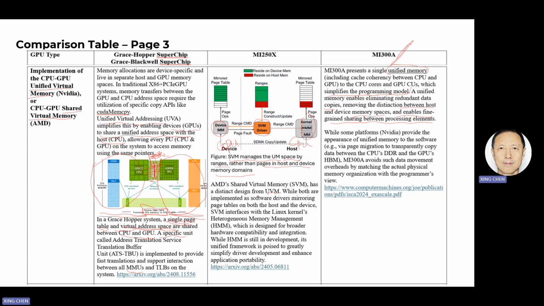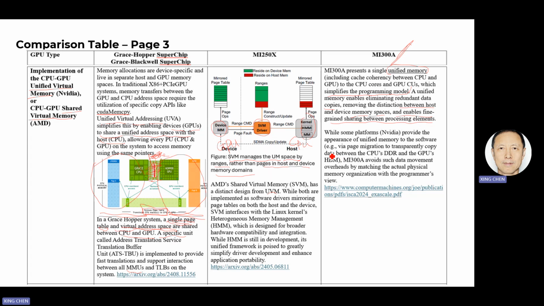So basically, you have a kind of unified memory through CUDA, but the CUDA runtime is going to do the page migration between the CPU DDR and the GPU HBM, and then it can still give you a sense of unified virtual memory.